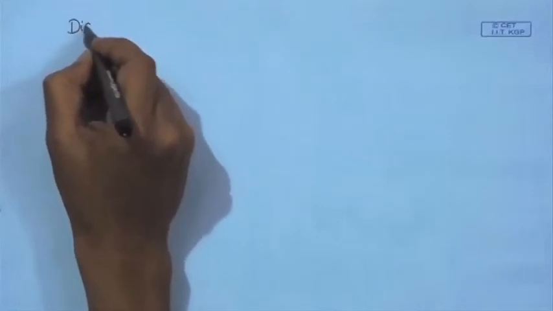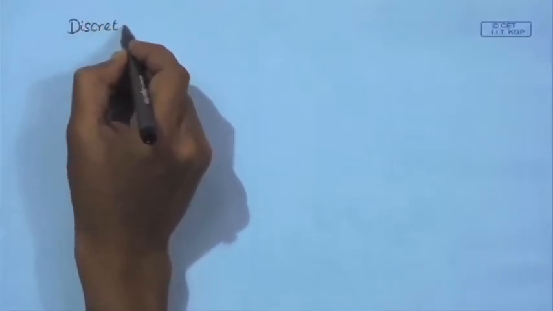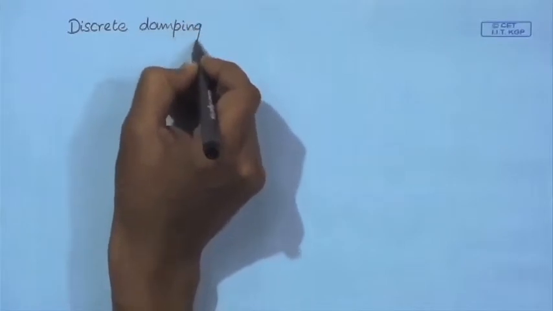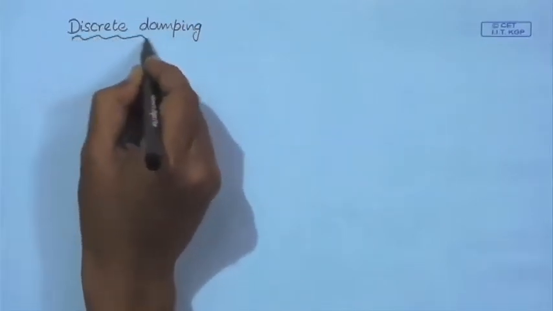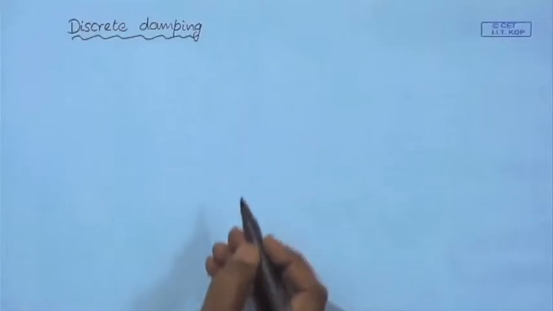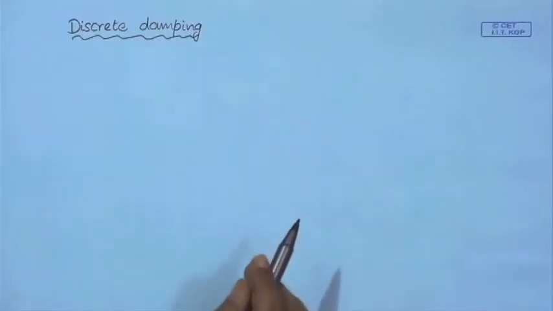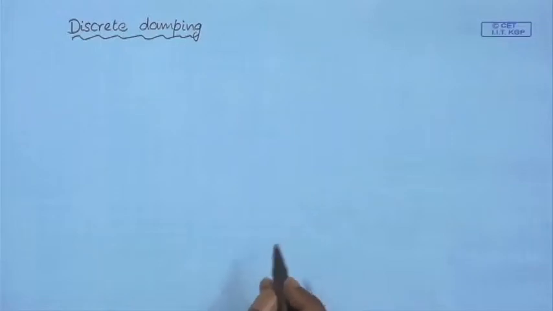Now, let us look at discrete damping. As I have already mentioned, this discrete damping occurs when we attach, for example, an external dashpot to a continuous system at a particular point.